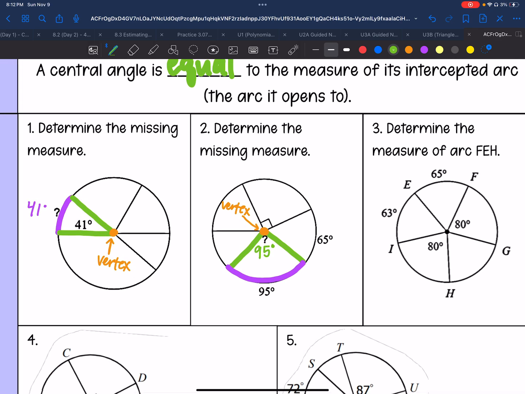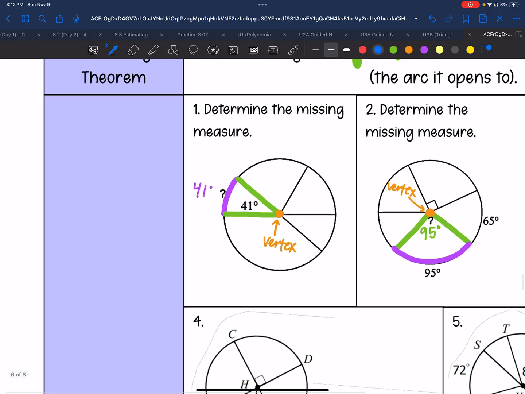All right, because central angles are equal to their arc, sometimes we have questions that I like to think of as a puzzle, but the more that we do them, the more that you will see and recognize the patterns within the circles. But a lot of times we are going to be using the fact that our whole circle, remember, is 360 degrees. Make a note to yourself over here in the margin if you need to.